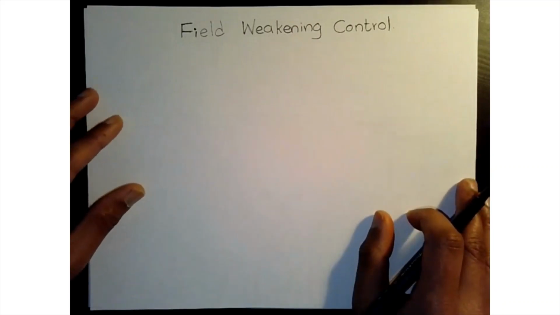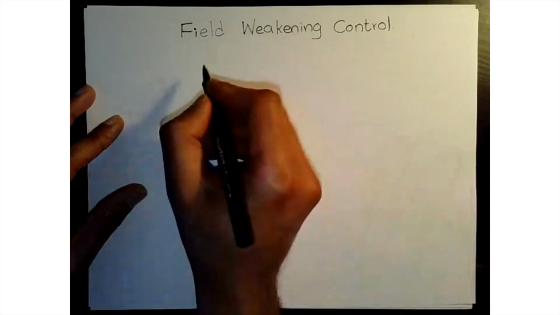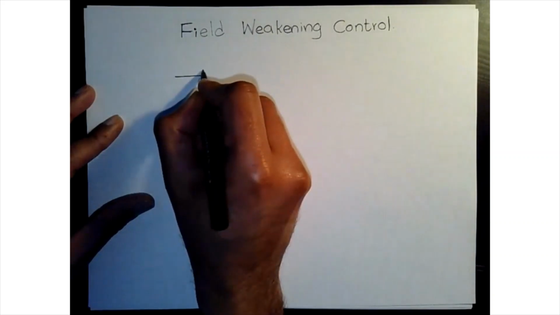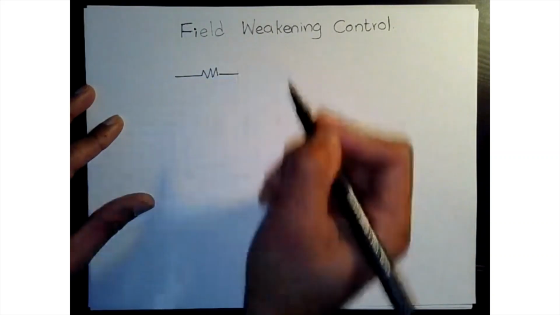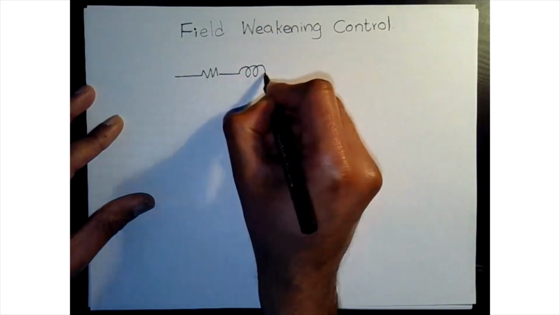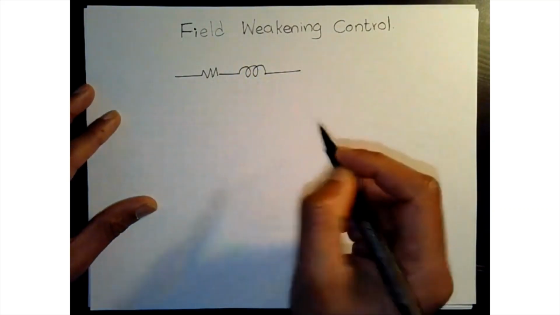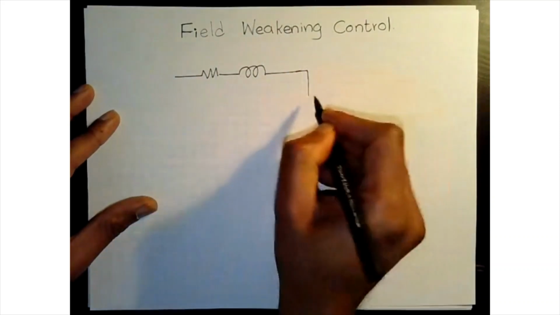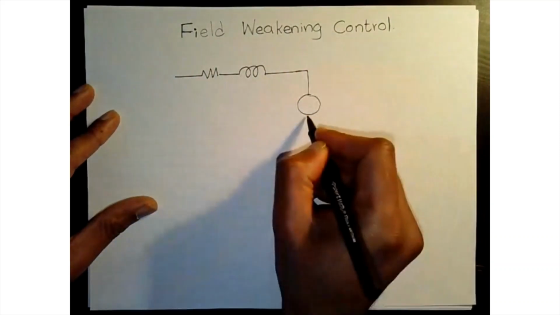Okay, so we'll talk about it, and I want to first of all draw the DC motor, just the electrical circuit first. So we have a resistance, we have an inductance, and then we have our back EMF, right?